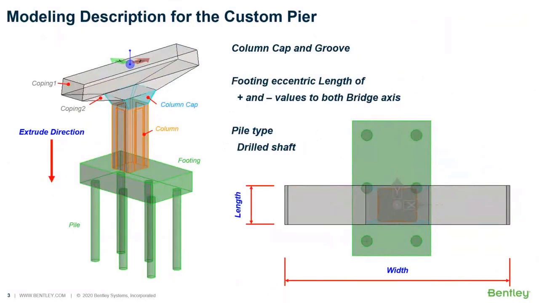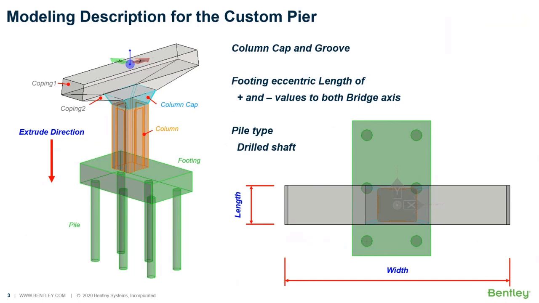This model consists of footing 1 and 2, column cap, grooved column, and piling. Before creating this model, we need a naming plan: which direction is going to be width or length for each 3D component.